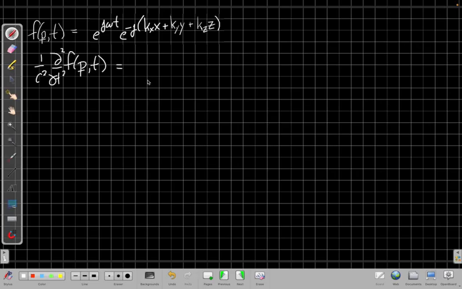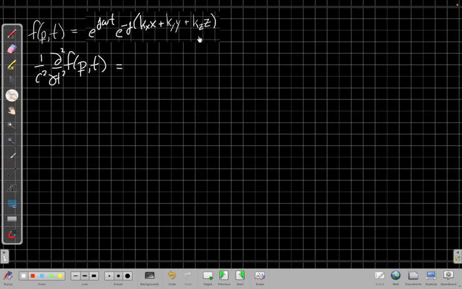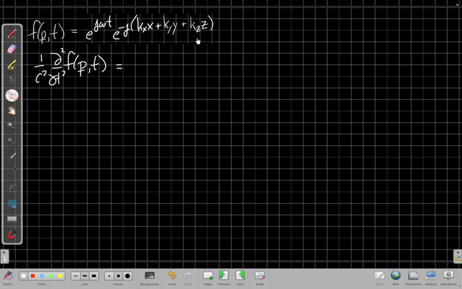Because my partial derivative is with respect to t, everything in the second term of the product, the one I'm pointing at right here, doesn't matter.